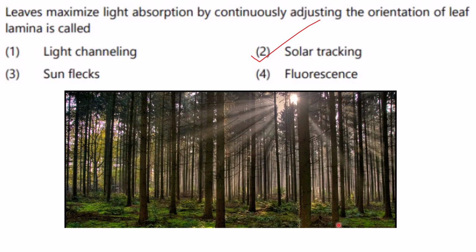So on the ground there will be plants which will not always be getting direct sunlight, just because they are not tall enough. Because of sunflecks, the ones in the shaded portion of these huge trees will get light, and thereby they can increase their photosynthetic activity. So that is sunflecks. And fluorescence is nothing but emission of light by plants after absorbing light energy.